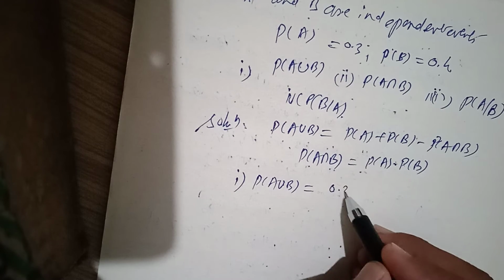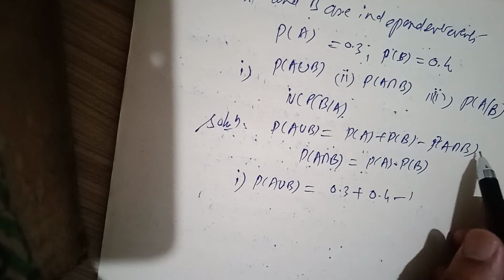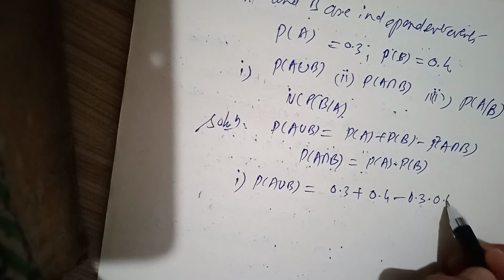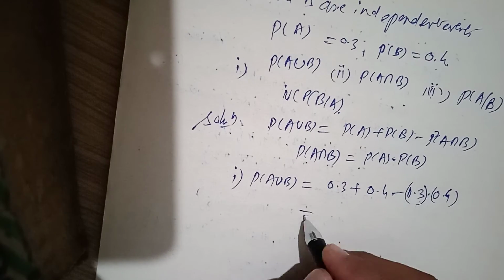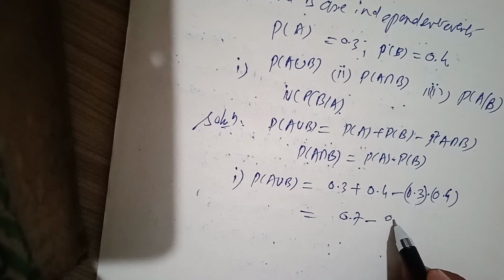P of A, that means 0.3, P of B, that means 0.4, and P of A intersection B means P of A into P of B. In this way, if you do it, 0.7 minus 0.12.